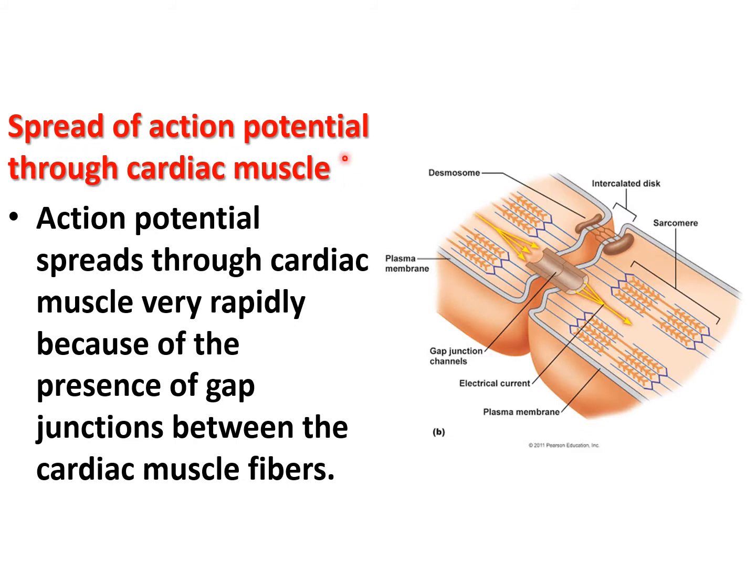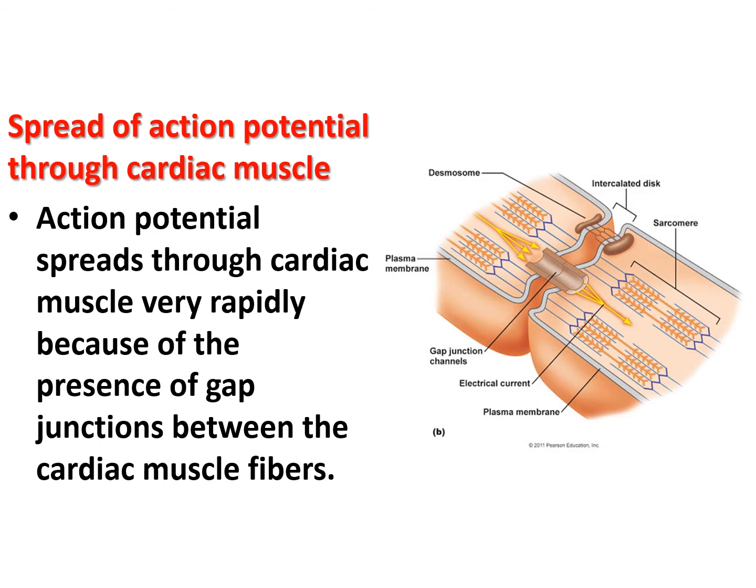Then spread of the action potential through cardiac muscle. The action potential spreads through the cardiac muscle very rapidly because of the presence of gap junctions between the cardiac muscle fibers. So in between two cardiac muscle fibers, there are gap junctions. Because of this, the action potential is transmitted very rapidly from one cardiac muscle fiber to another.